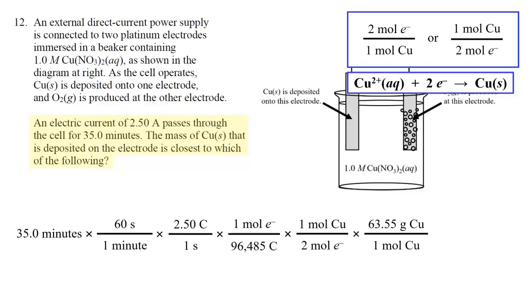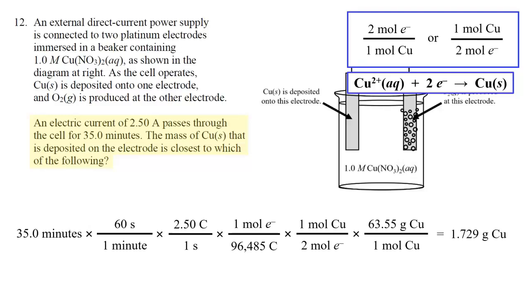So when I pick up my calculator, I'll start with 35.0 times 60 times 2.50 divided by 96,485 divided by 2, and then finally times 63.55.